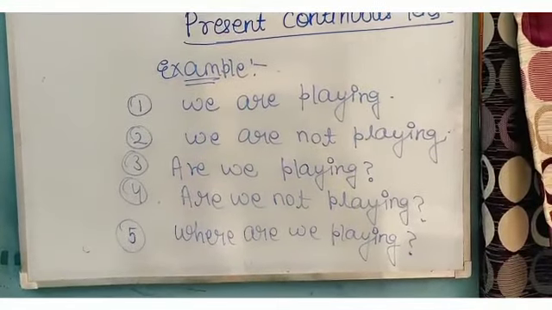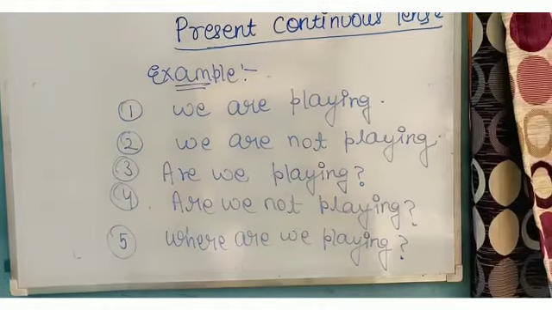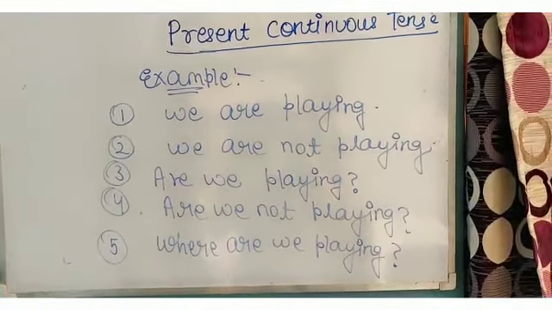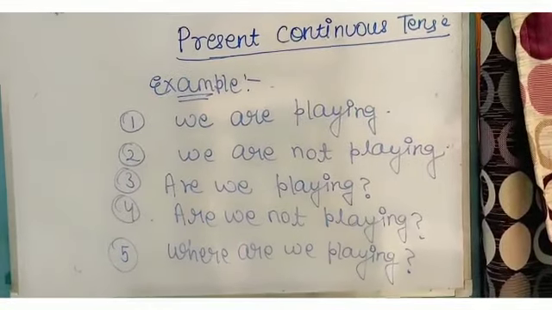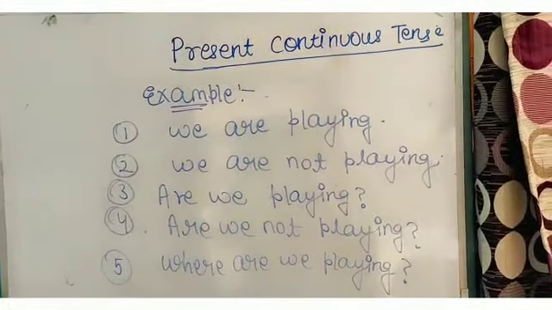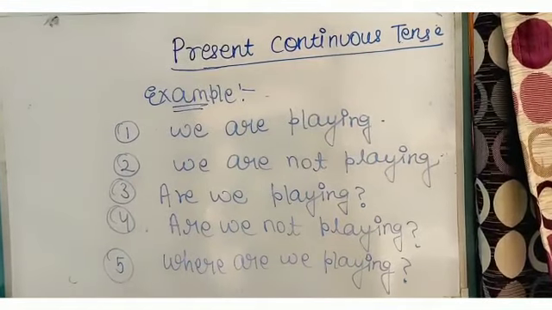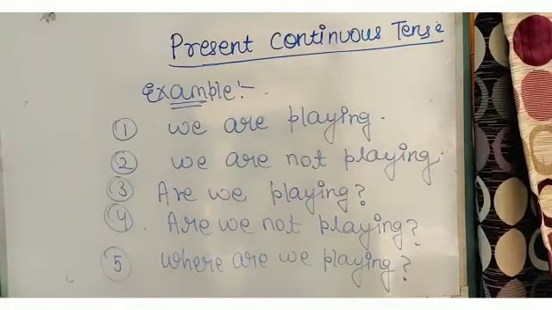Here we are asking where are we playing, right? In this sentence, where are we playing? We are asking a question as well as we are asking the place also, right? Where are we playing? So we have to add the WH word at the first place, and after that helping verb and then subject and then first form with the ing.